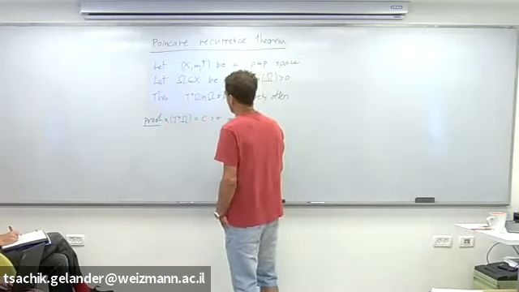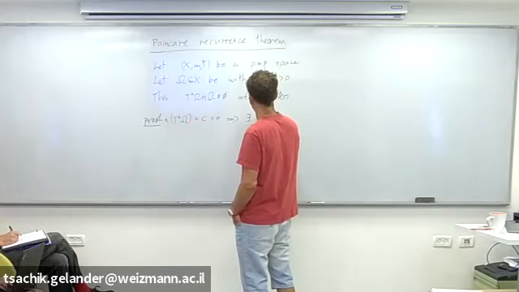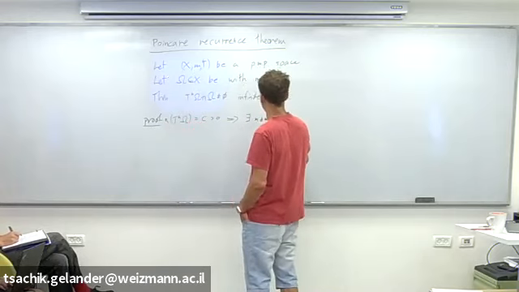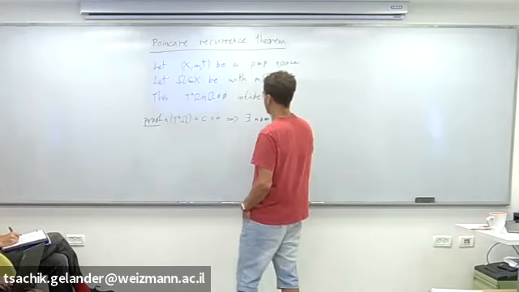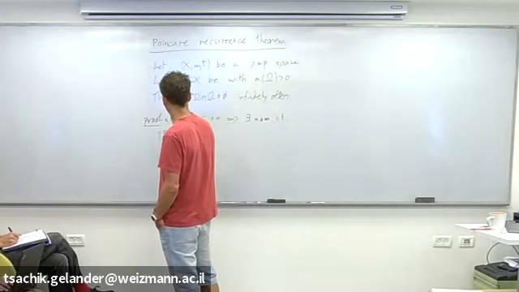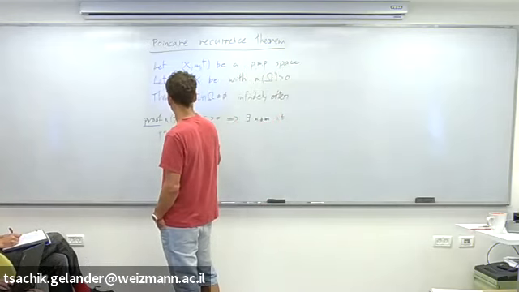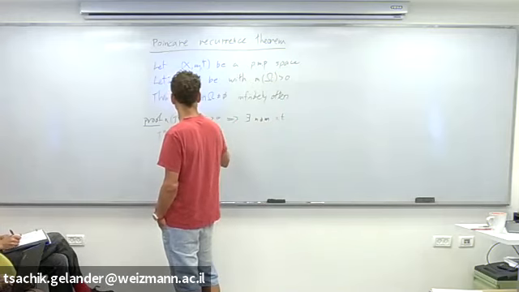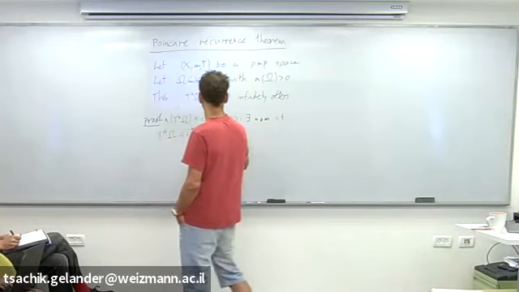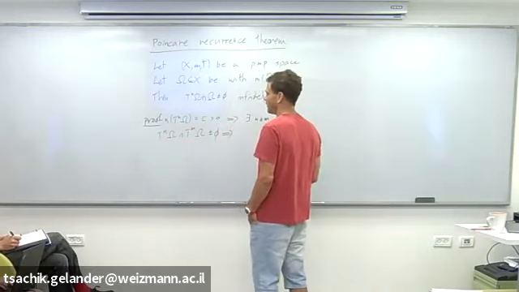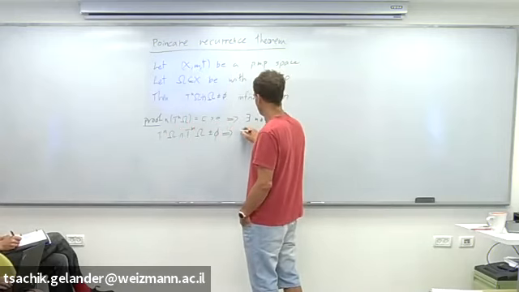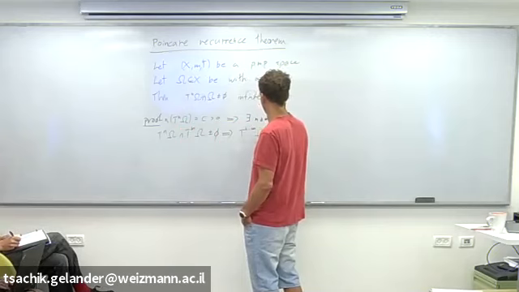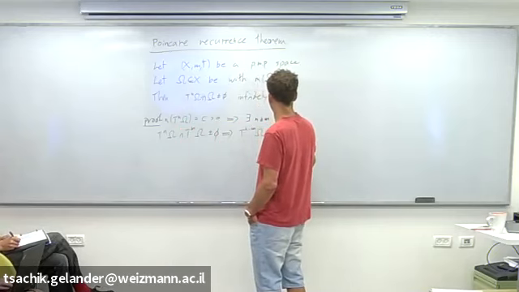This implies there are n not equal to m such that T^n Ω must intersect T^m Ω, which implies that T^(n-m) Ω must intersect Ω.